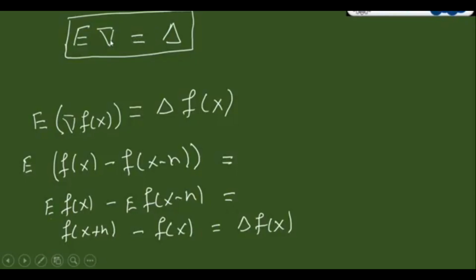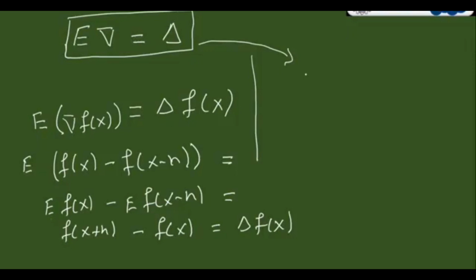We can develop or get different relations from this as well. For example, another relation that I can derive by moving E to the other side is that the backward difference operator is equal to E inverse times forward.